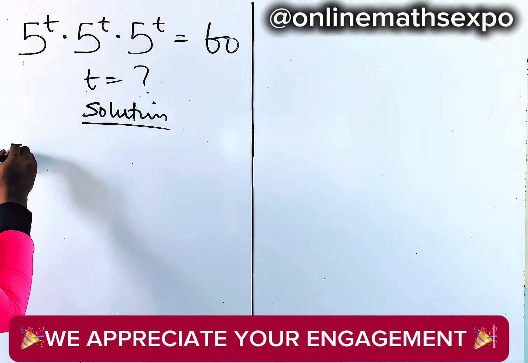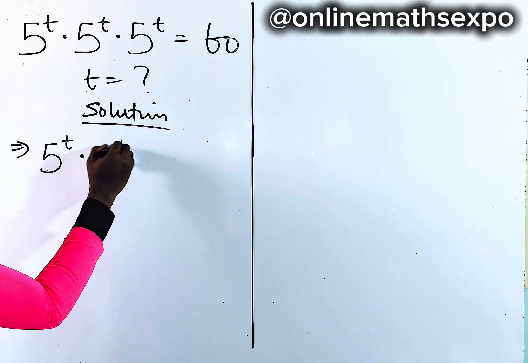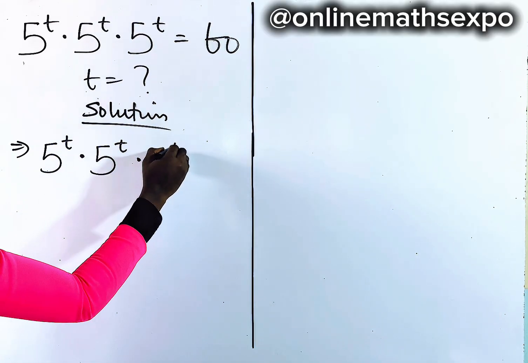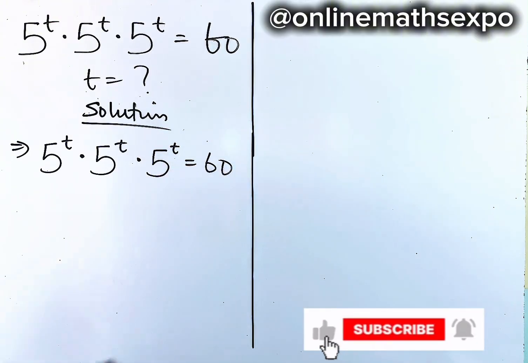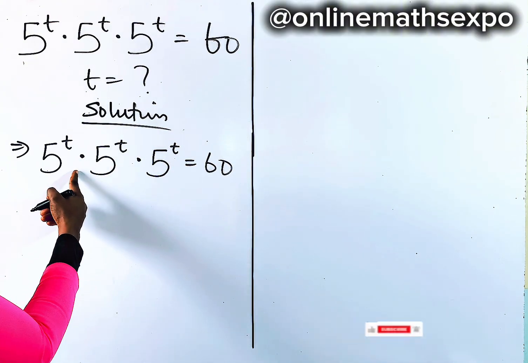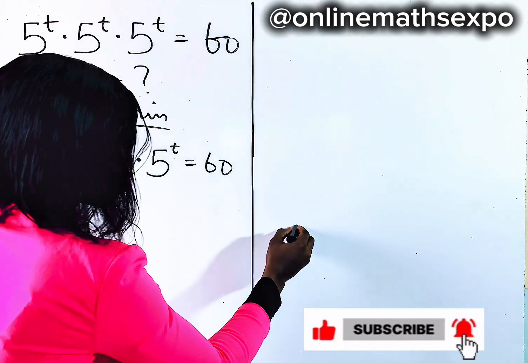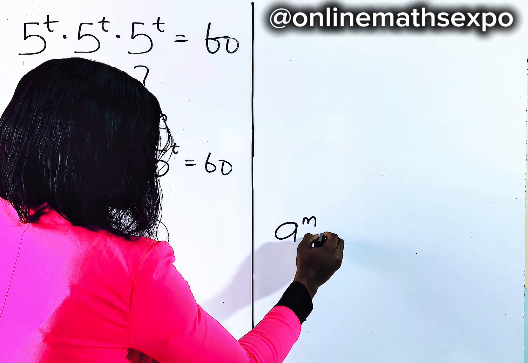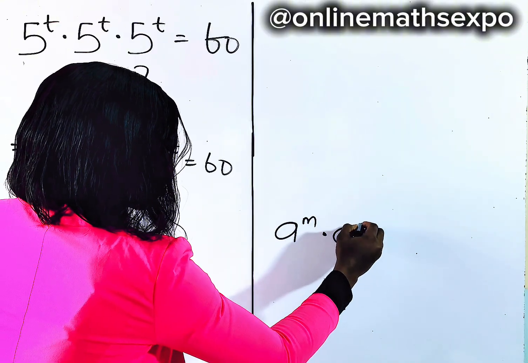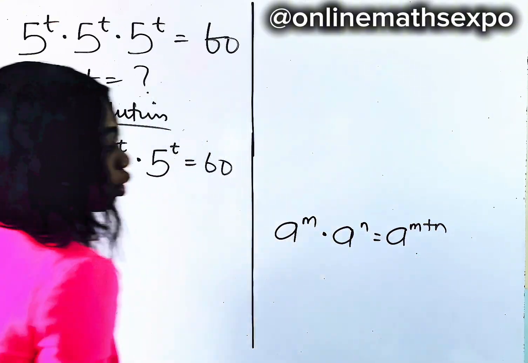Now, let's repeat what we have. 5 to the power of t multiplied by 5 to the power of t multiplied by 5 to the power of t is equal to 60. Now you see that what we have here is multiplication, and you observe the bases are the same. So it quickly reminds you that for every a to the power of m multiplied by a to the power of n is always equal to a to the power of m plus n.